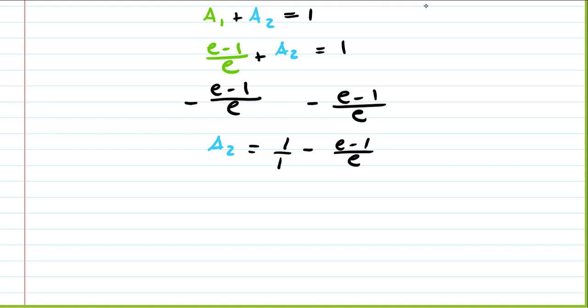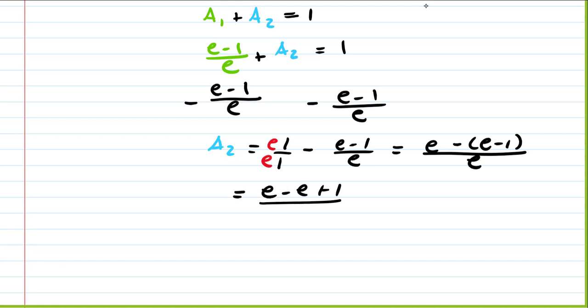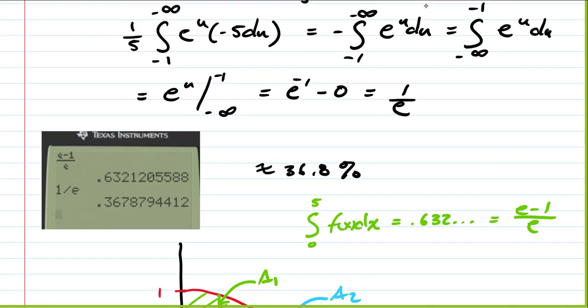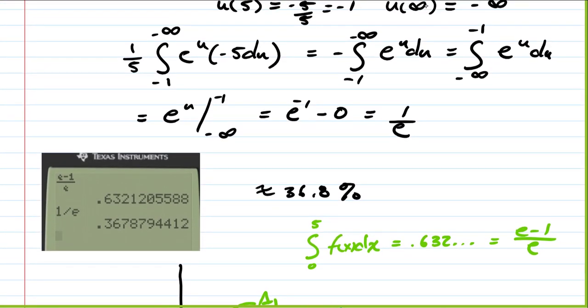So then getting our common denominator by multiplying the top and the bottom by e, we get e minus e minus 1 all over e, which gives us e minus e plus 1 over e. And the e's reduce out, and we get 1 over e. Oh, that was exactly the value we got for that integral, right?